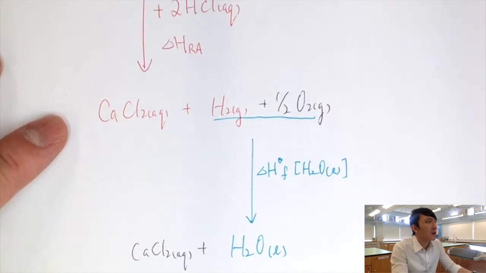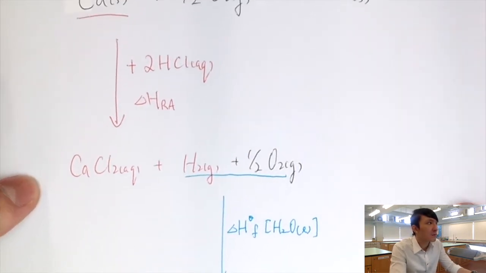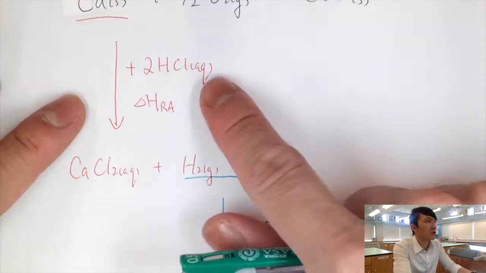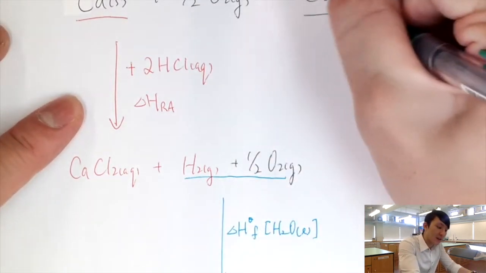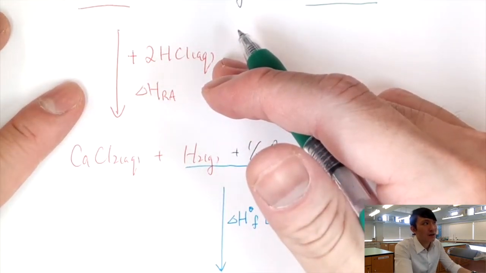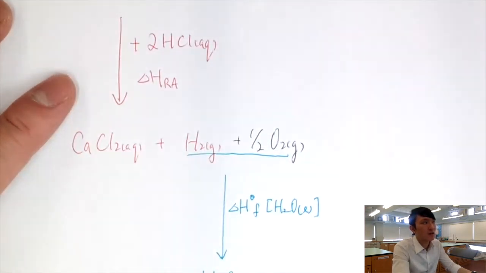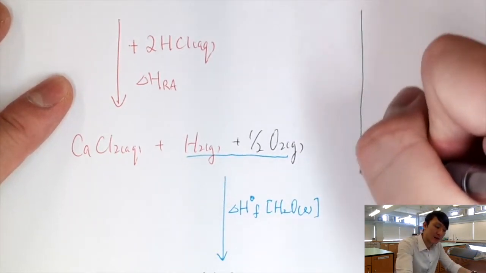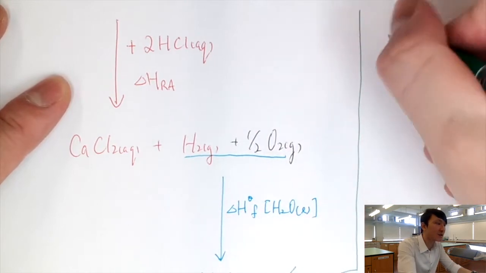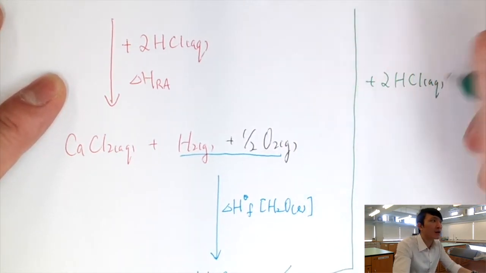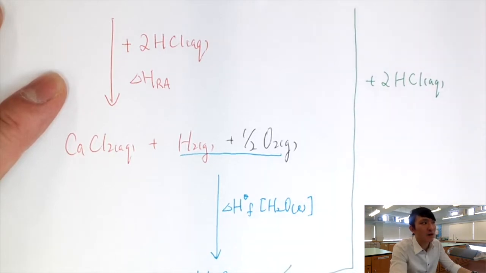Now, going back to the top here, calcium oxide is able to react with, again, hydrochloric acid. As it reacts with hydrochloric acid, it will give us calcium chloride and water. So this completes the cycle. When you add 2 moles of hydrochloric acid, it will give us calcium chloride and water.